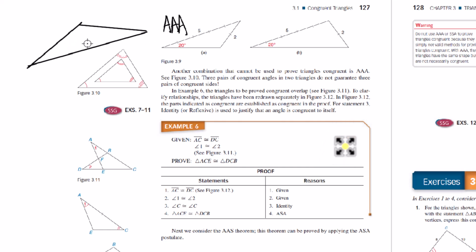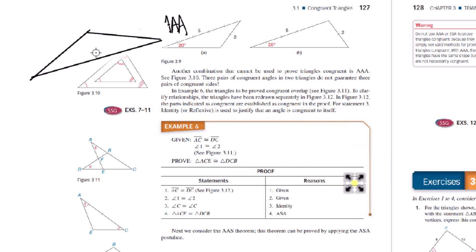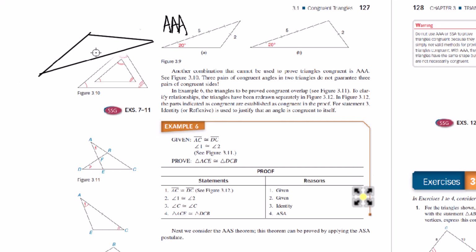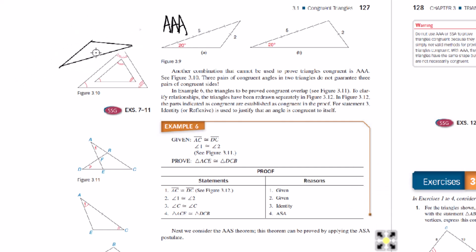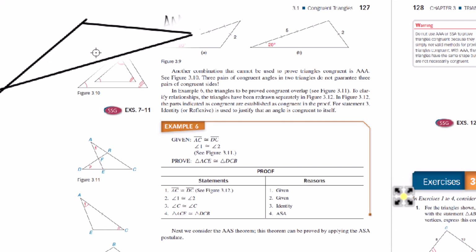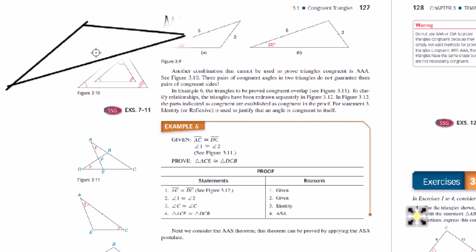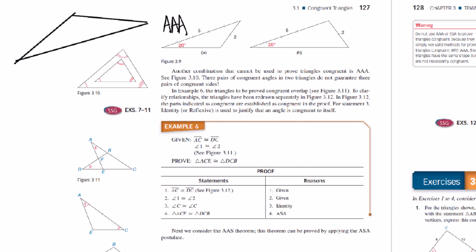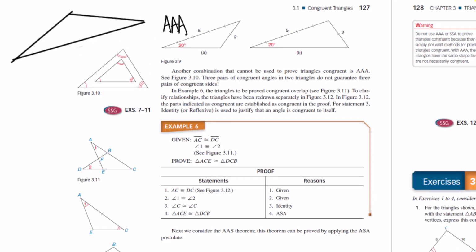I'm not changing the angles. So none of these triangles are congruent. These are all different triangles. The side lengths are different, but I'm not changing any of the angles. So no, angle-angle-angle is not enough to prove triangle congruence.